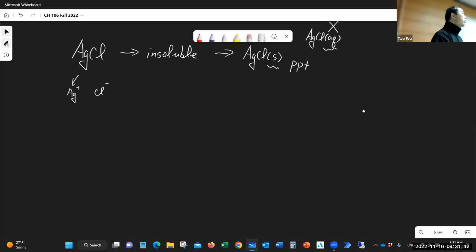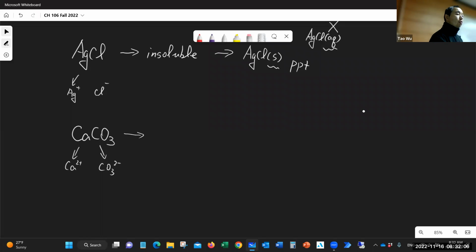Okay, so let's do some practice. I'm going to write some compounds, but let's do one more practice first. How about calcium carbonate? Calcium carbonate is made by calcium ions and carbonate ions.